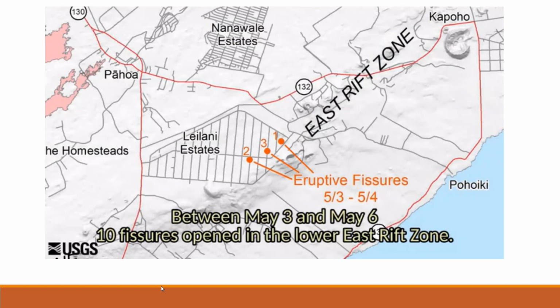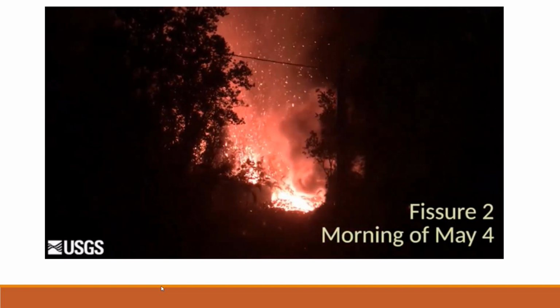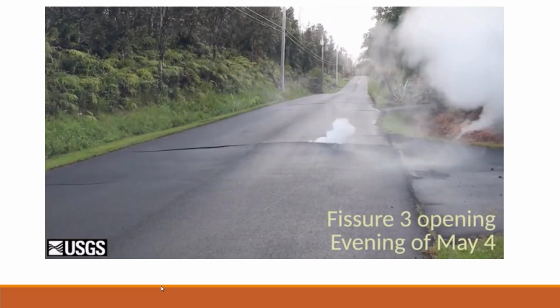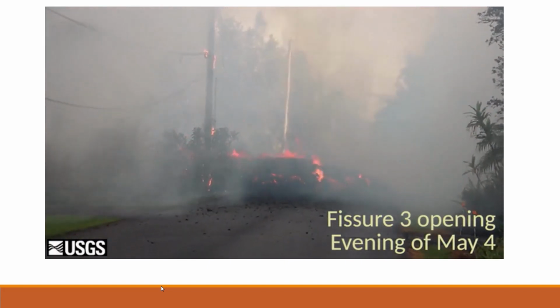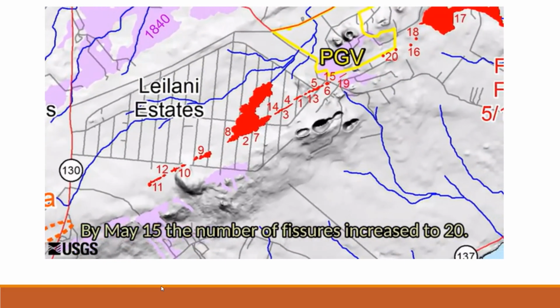Between May 3rd and May 6th, 10 fissures opened in the lower East Rift Zone. By May 15th, the number of fissures increased to 20.